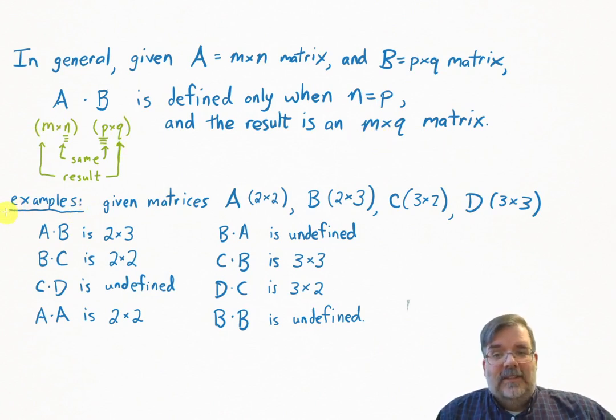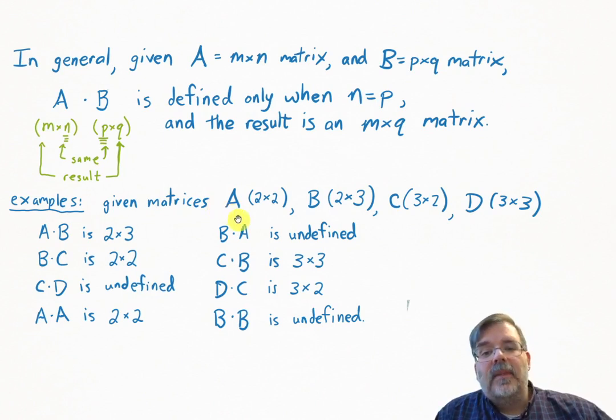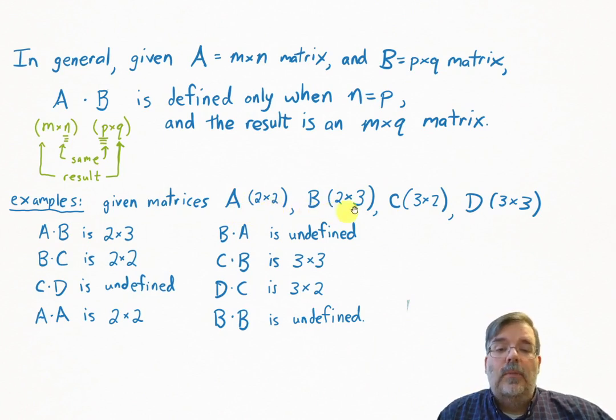So, as a collection of examples, before we even get into calculating the actual entries, here are some examples of when matrix multiplication is defined and what the size of the result will be. So let's assume that matrix A is 2 by 2, matrix B is 2 by 3, matrix C is 3 by 2, and matrix D is 3 by 3.